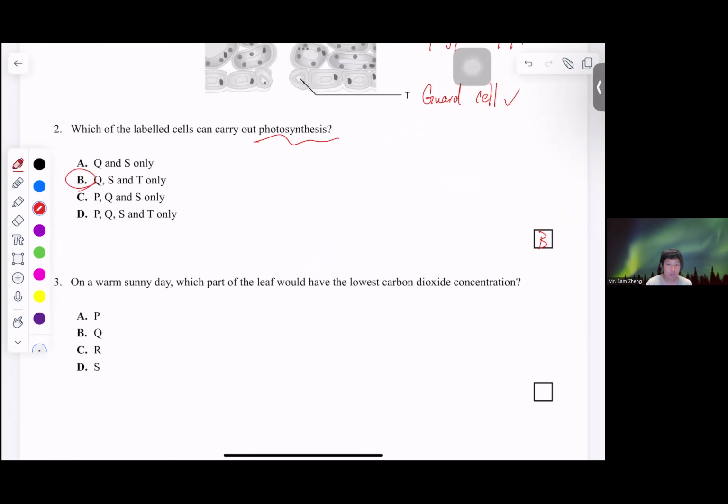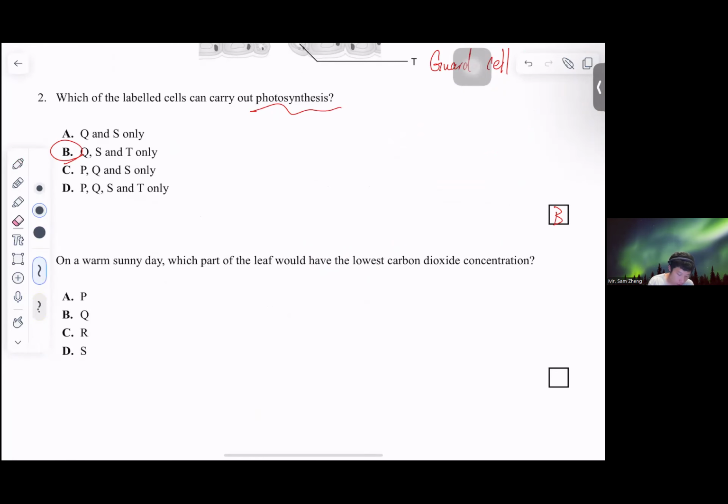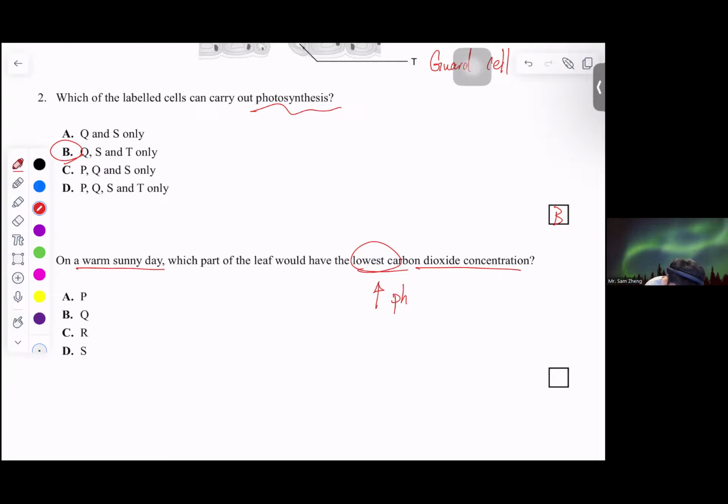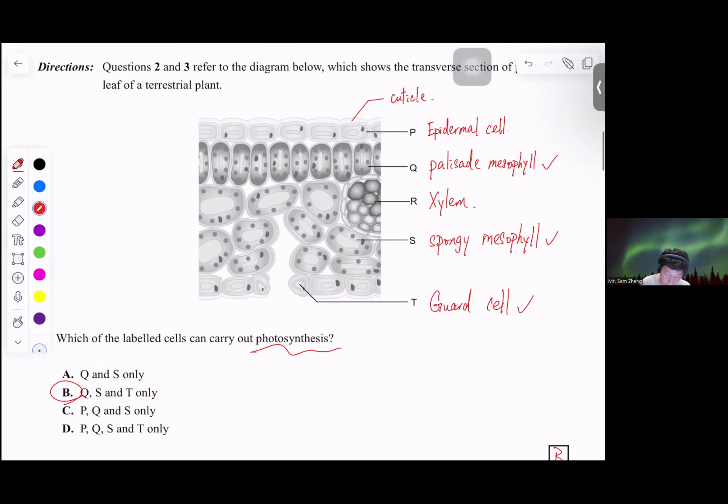Next, on a warm, sunny day, which part of the leaf would have the lowest carbon dioxide concentration? Why during a warm, sunny day will there be a low carbon dioxide concentration? That is because of photosynthesis. So which one will have the highest photosynthetic rate? Definitely it would be the palisade mesophyll.